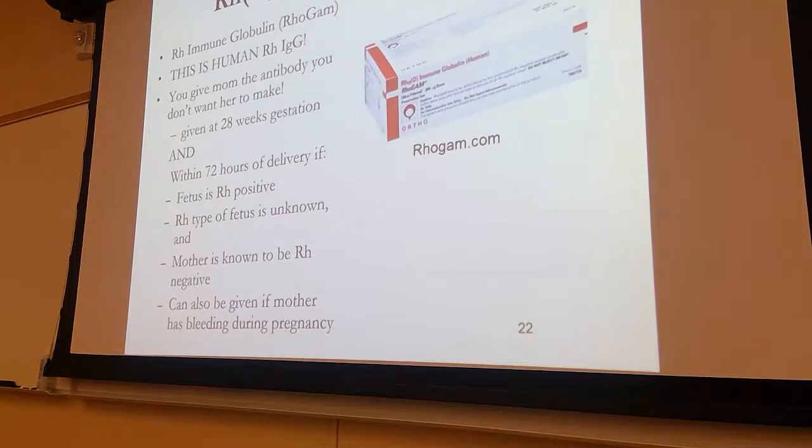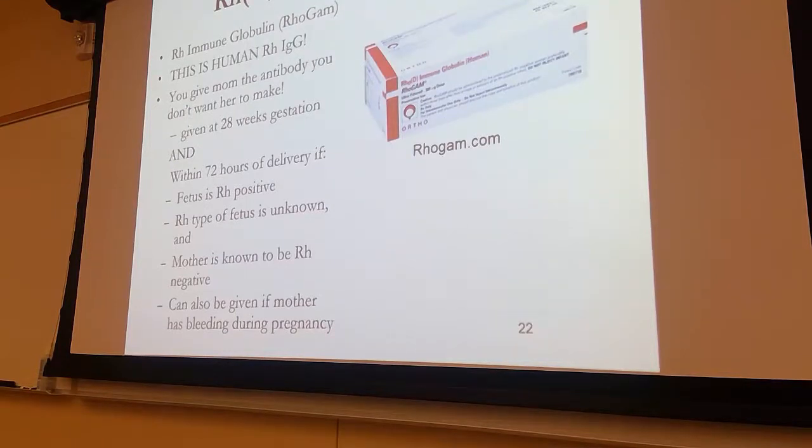Here's how it works. It will go find any fetal red blood cells in her body. They can escape. They're not supposed to get in her body, but they can. You just heard me say that we can have mixing. So the injection I give finds red blood cells from the fetus that are now circulating in mom.